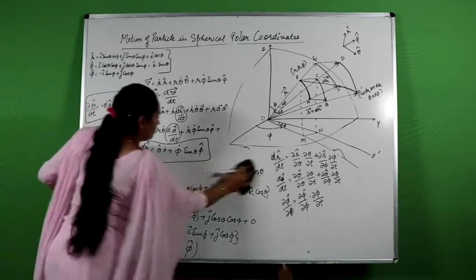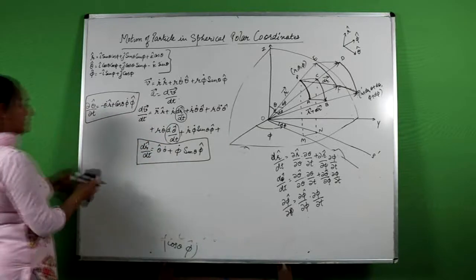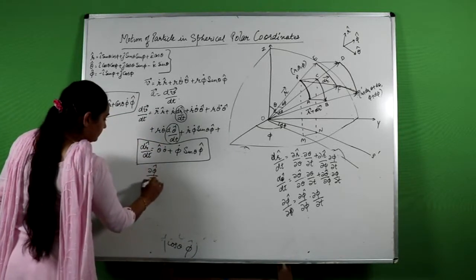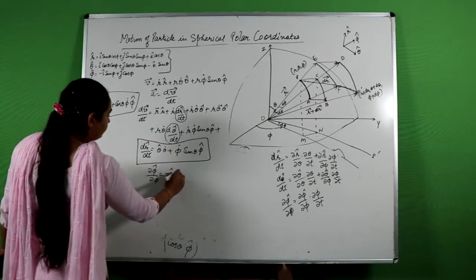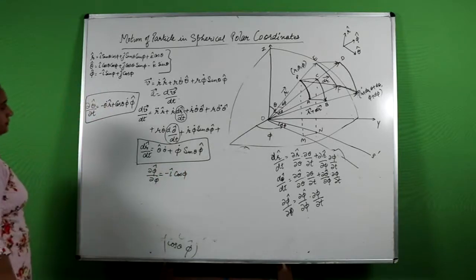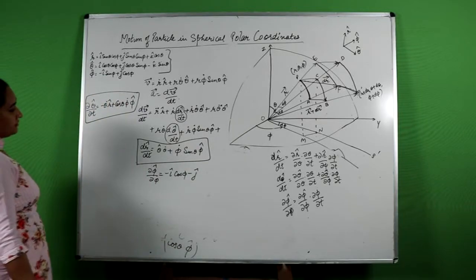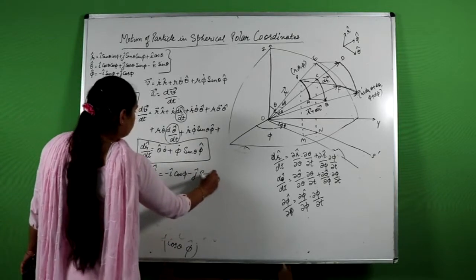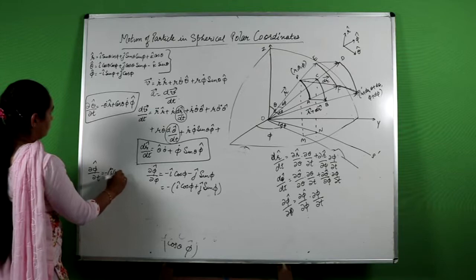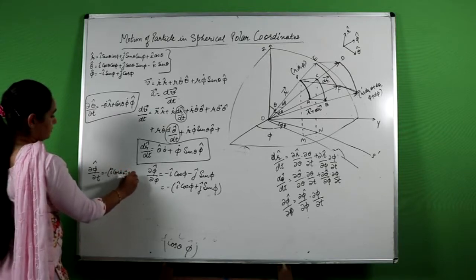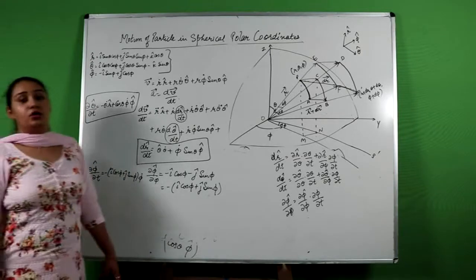Now for phi, I will only calculate with respect to phi and will get from here i cap cos phi minus j cap, cos phi differentiation is sin phi, into phi dot.